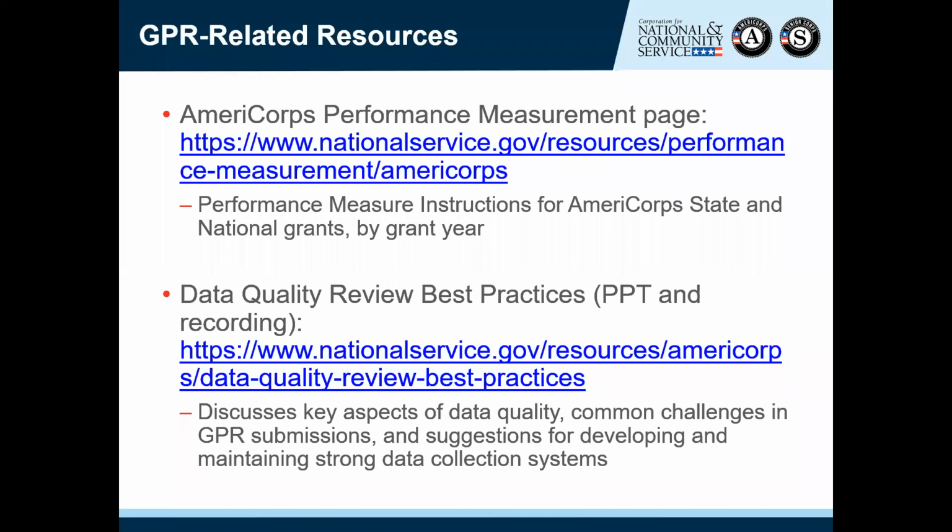First question that I see in there right now, can you please explain in detail the requirements for reporting on leveraged funds and the distinctions between that and match at the time of application and on the GPR? So that's a great question.